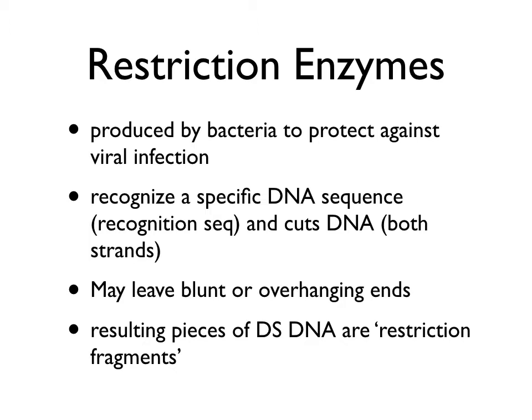It cuts in the same spot all the time, and it leaves the same aftermath, whether that's overhanging ends or blunt ends. And so the chunks that you're left with after exposing DNA to a restriction enzyme are restriction fragments. So they're fragments of DNA that have been digested with a restriction enzyme.